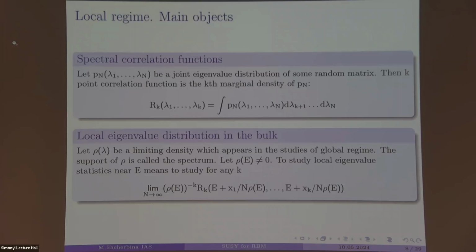If it's zero, it's not interesting. And then you need to study a very small interval. If you expect that the density at some point is rho, then around this point you have rho n eigenvalues, so the mean distance is proportional to 1 over n rho. That is why here n.